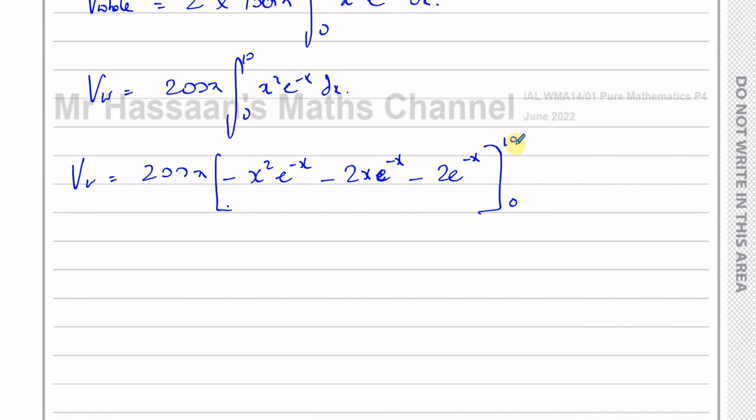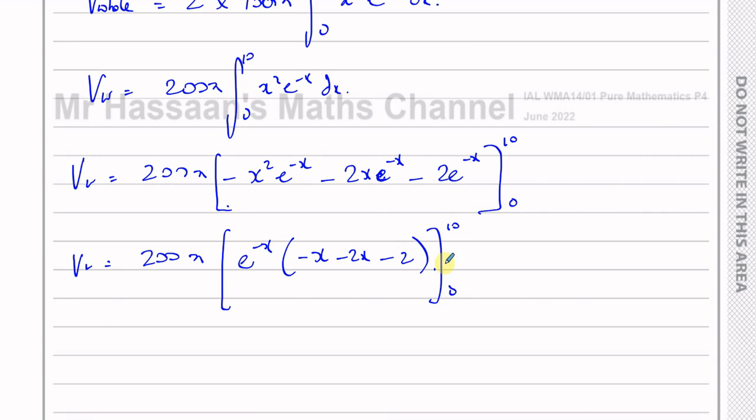So to make it a bit easier, I can say 200 pi, and then e to the power of negative x times minus x squared, minus 2x, and minus 2.